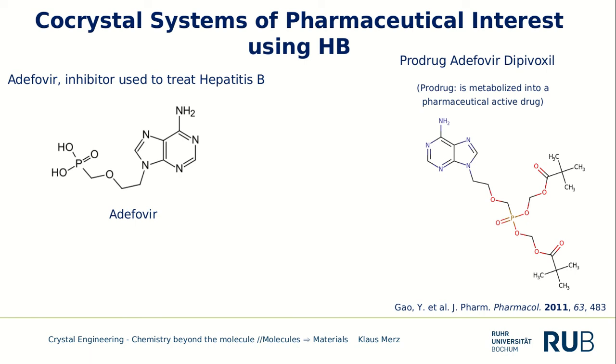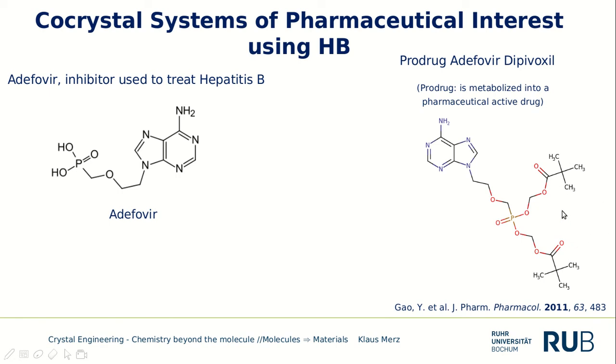A prodrug is a preliminary step of your drug, and the prodrug is metabolized in the body into the pharmaceutically active drug. You see in this case something like an ester.